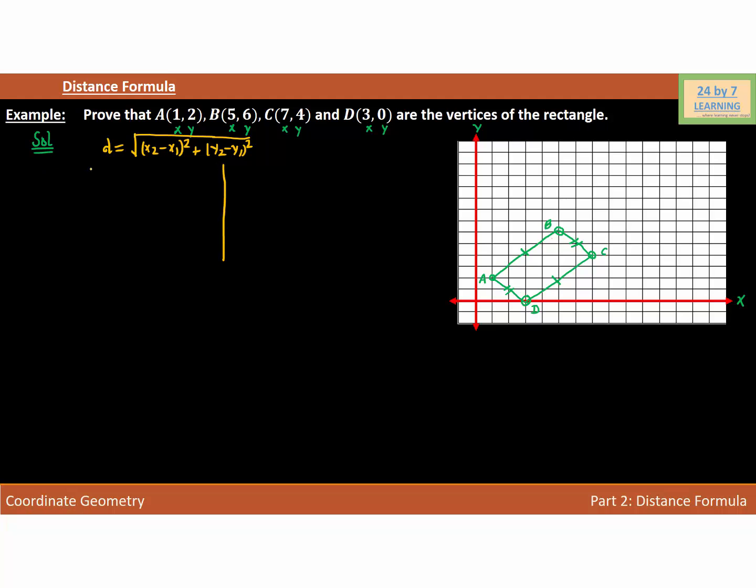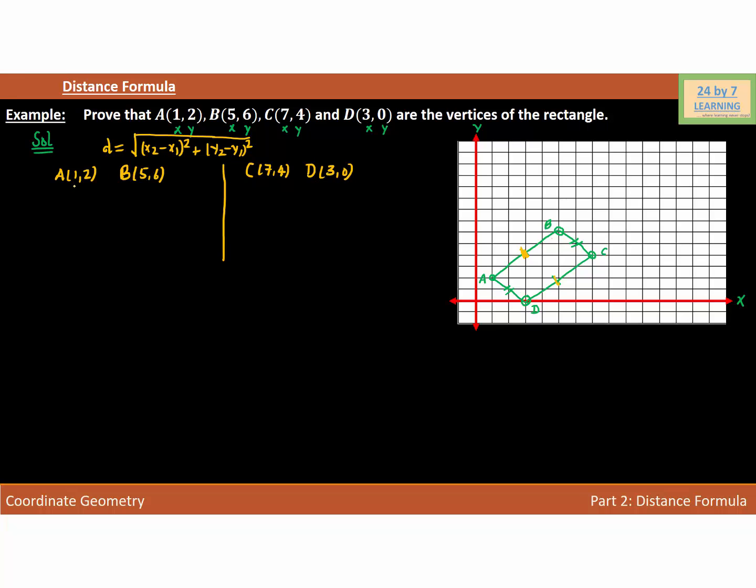Now let's consider point A, which is (1, 2), and B, which is (5, 6). So I'm considering AB. Now let's consider these two sides. I'm going to consider CD now. My C is (7, 4) and my D is (3, 0).